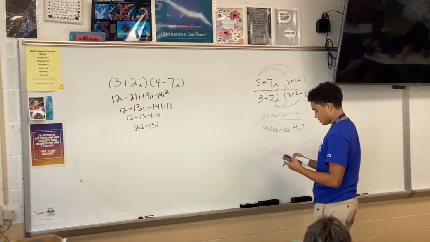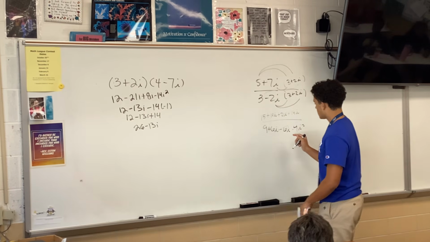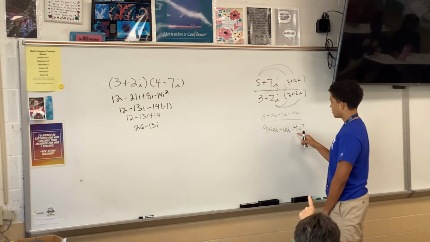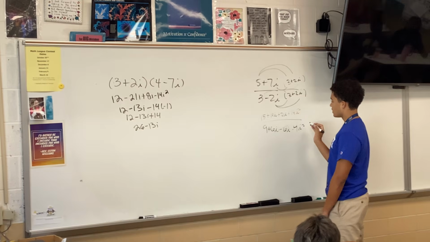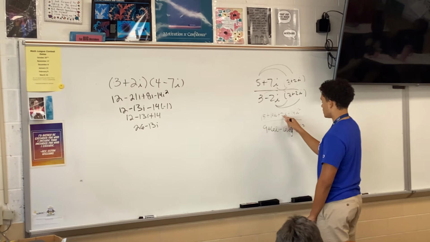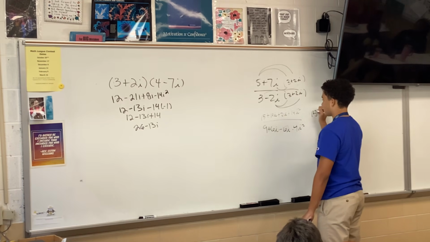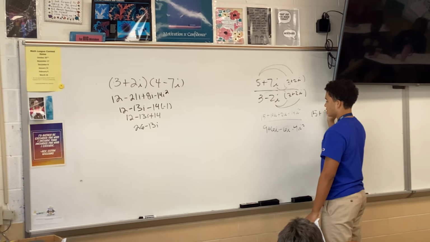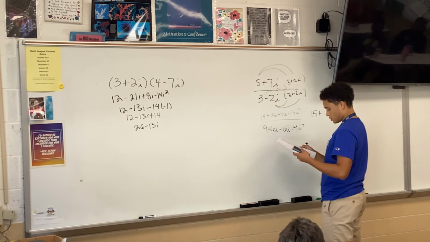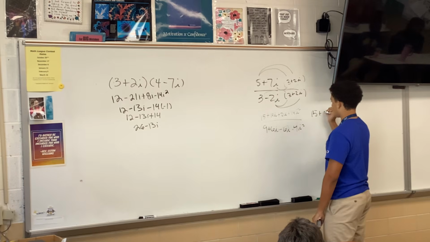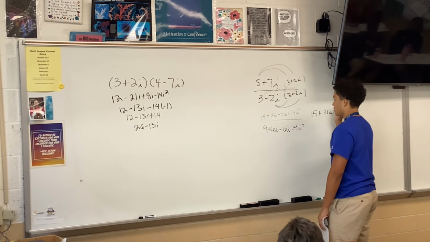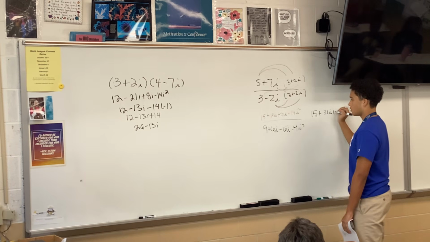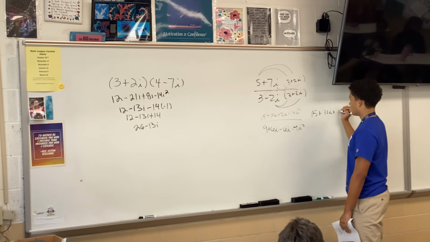But the top two, that should be a 14i squared. This one? On top, 14i squared, because you multiplied 7i times 2i. Yeah. And then we have these two here. Negative 14.